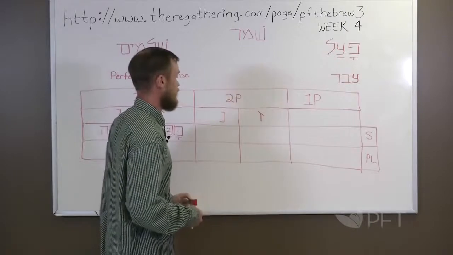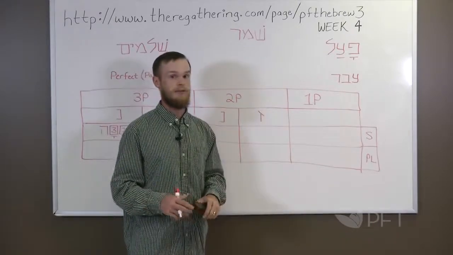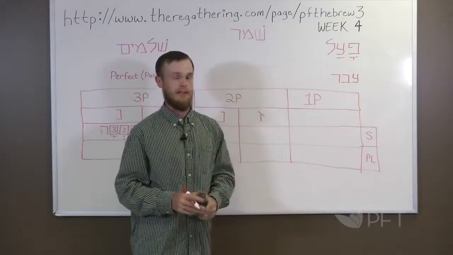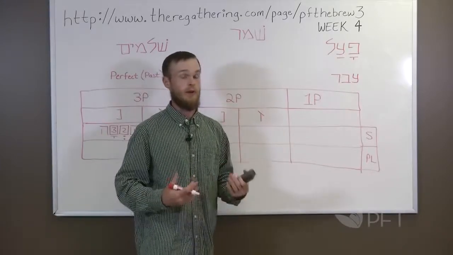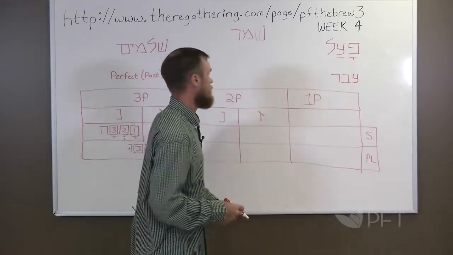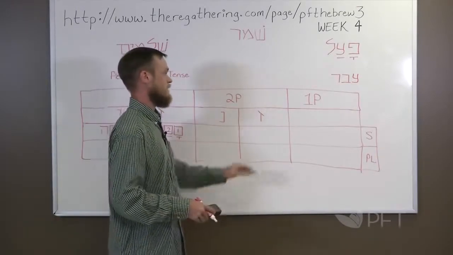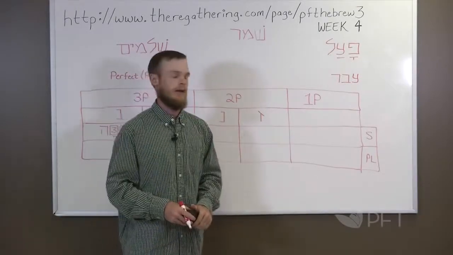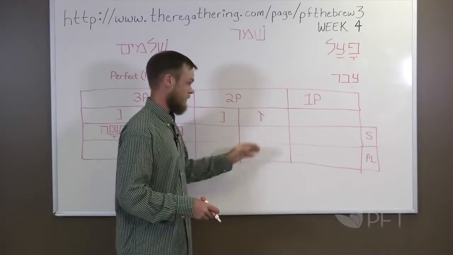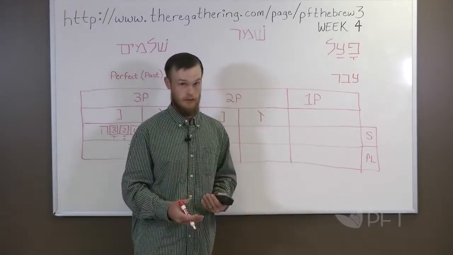If it's a second person verb, it automatically implies that you are doing something. It's not necessary to use the pronoun for you. Okay, but I'm going to do that because it is a memory aid and helps you to associate the form of the verb with the pronoun that it matches.